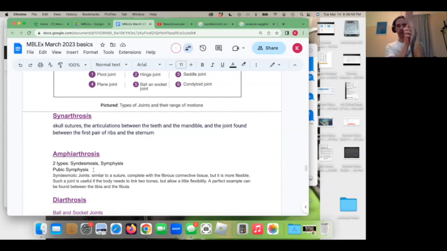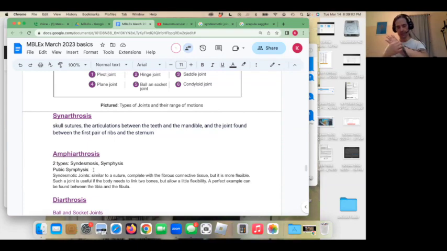There's free movement of the radius around the ulna, and then the movement stops. And if you force it a little bit, you can feel a stretch in between these two bones, right? So this is considered a joint between the radius and the ulna, and it's joined by fibrous connective tissue called the interosseous membrane that's between these two bones.